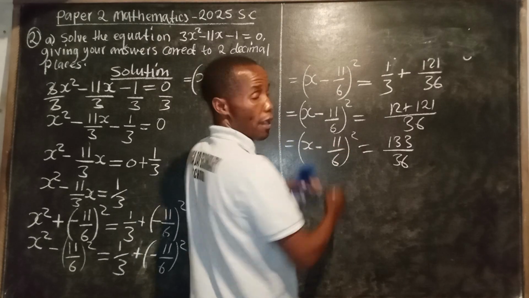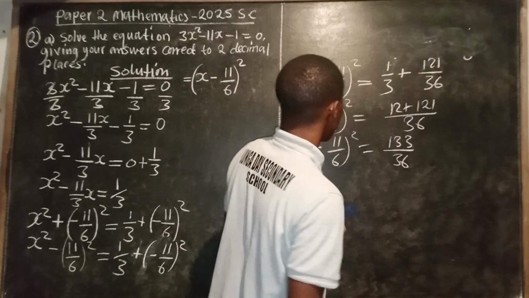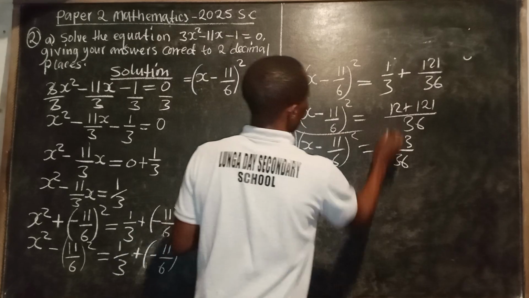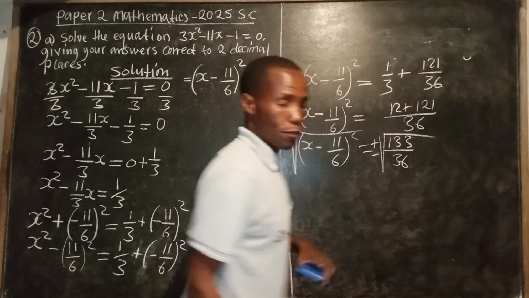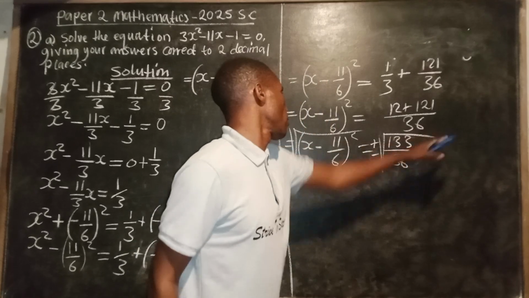Then from there, since we are looking for the value of x, and here we have a square, we are going to get rid of this square by introducing the square root on both sides. The moment you introduce the square root, you get positive or negative.